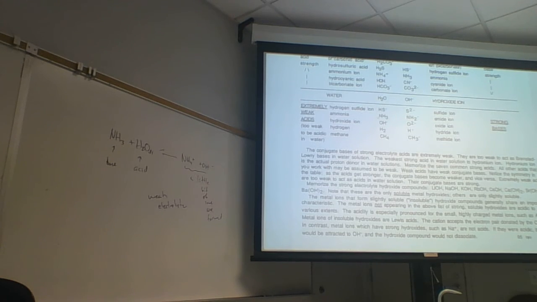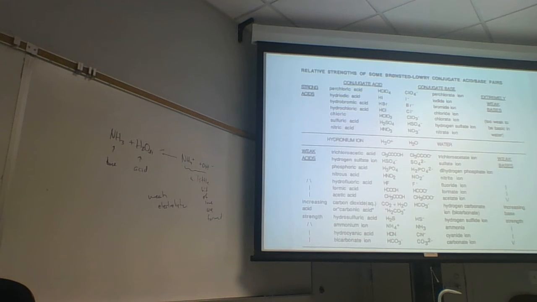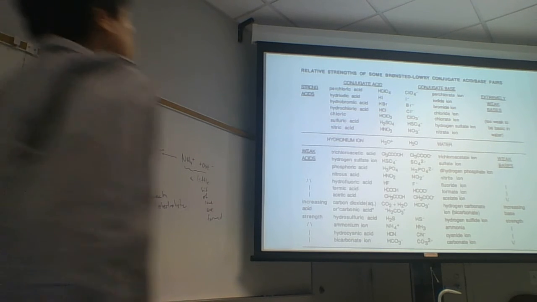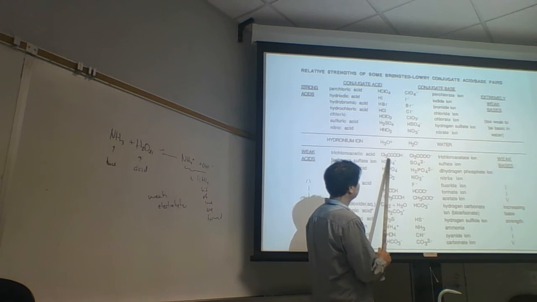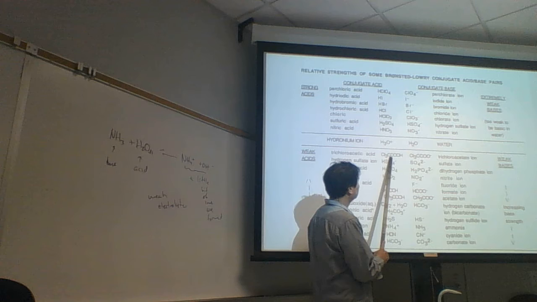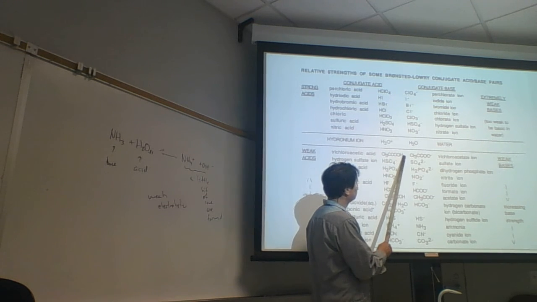On some of the formulas, how come it's not listed like for trichloroacetic acid? Yeah, how come it's like CCOO instead of the other way? Yeah, this is the way you write it in organic chemistry. COOH is what we call an acid group.